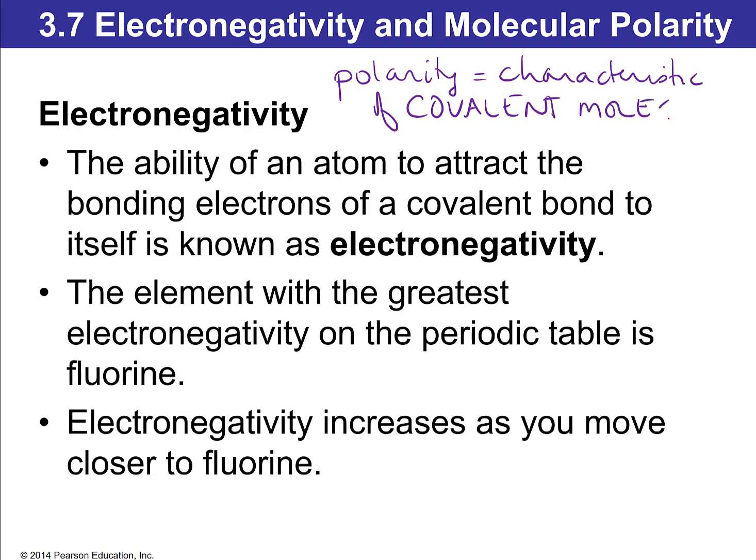But it is going to depend on what atoms are in the molecule and what the shape of the molecule is. So we said that covalent molecules are nonmetals and hydrogen. So the nonmetals, they tend to have an almost full number of electrons.